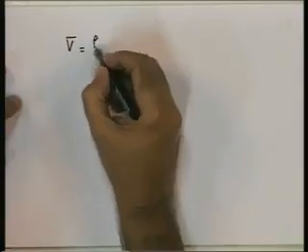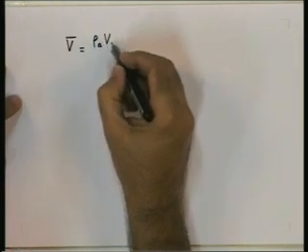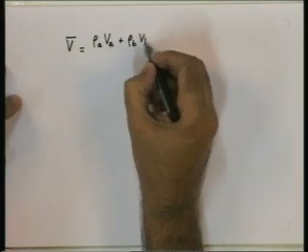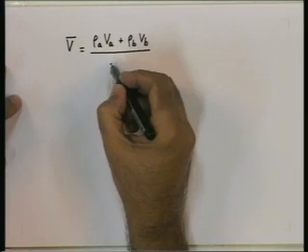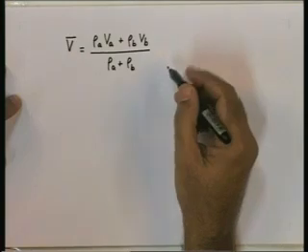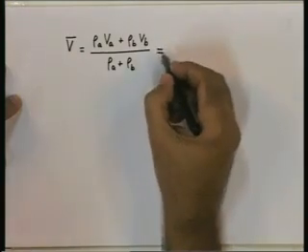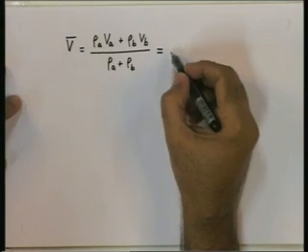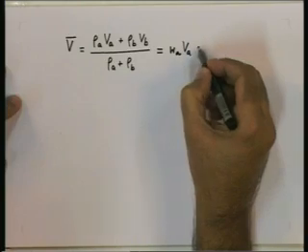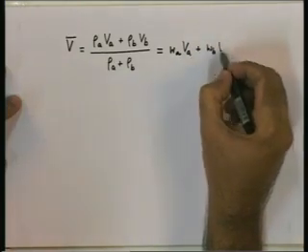So instead of V bar m, we may define a V bar, the mass average velocity, which will be the mass density of A into VA plus the mass density of B into VB divided by the sum of the mass densities, which is the total density. If the mass fraction is represented by our symbol W, then this is WA VA plus WB VB.